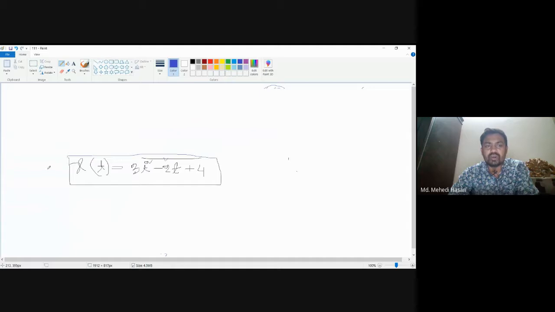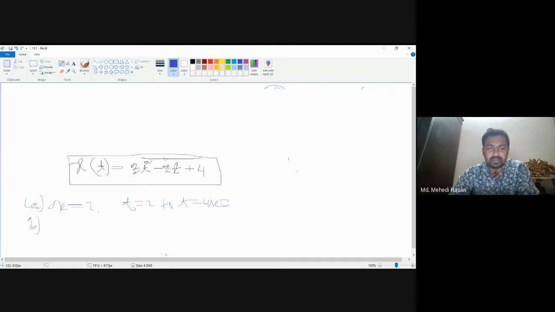The position of an object is given by this equation, x(t) equals 3t square minus 2t plus 4. Then question number A, find the displacement del x at t equal to 2 second to t equal to 4 second, or t equal to 2 second to 7 second, like that.